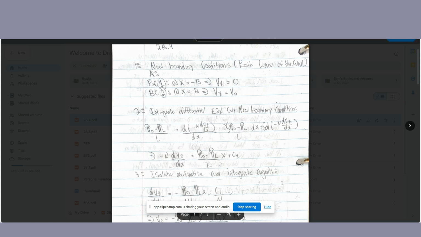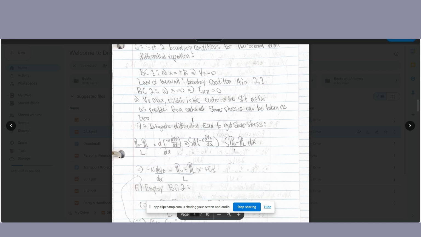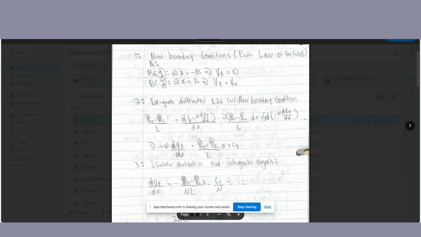So this is the double derivative equation that we found from the previous problem, which is this. So we're just integrating the same thing from the previous problem with new boundary conditions. So that's what we do.